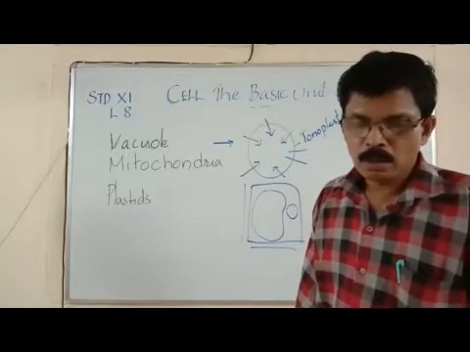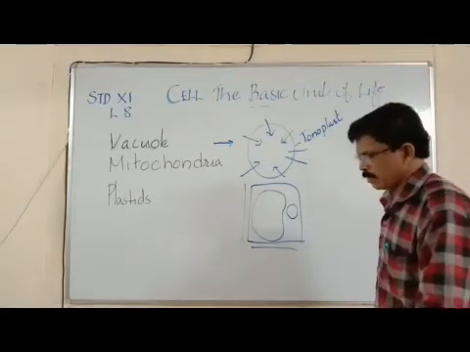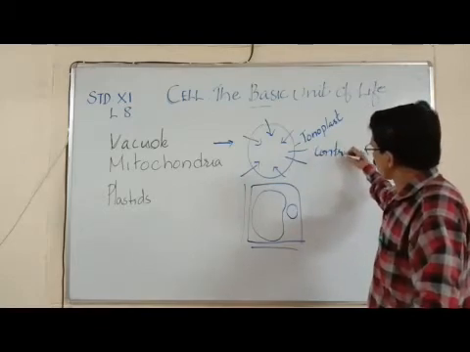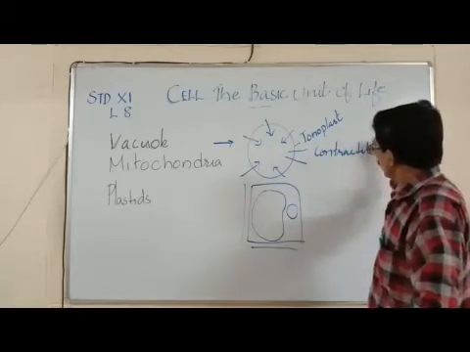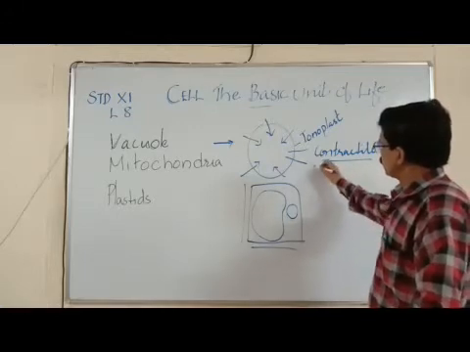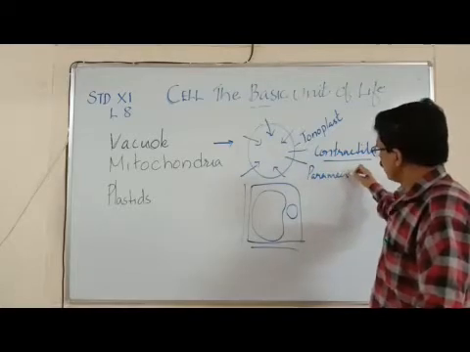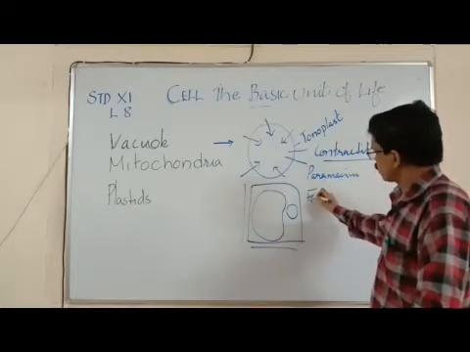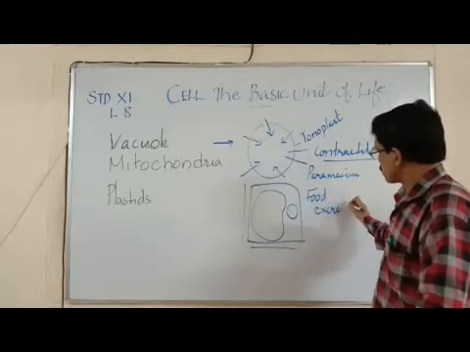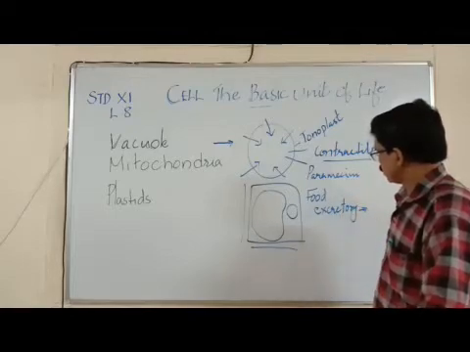Now, there are different types of vacuoles we can observe in organisms. For example, contractile vacuoles are seen in paramecium, whereas food or respiratory vacuoles are seen in amoeba and many other organisms.